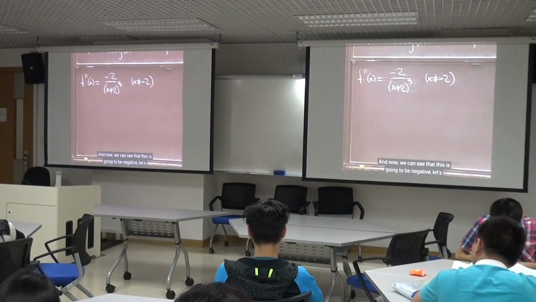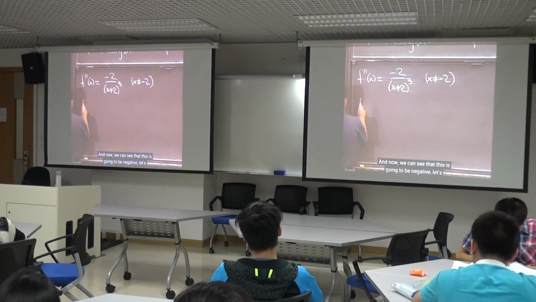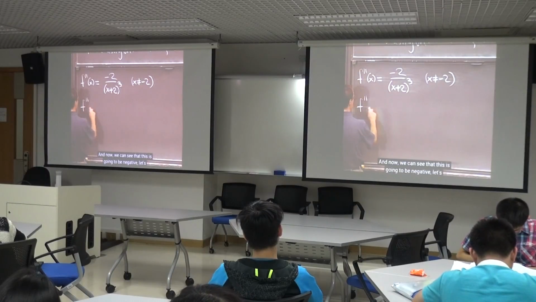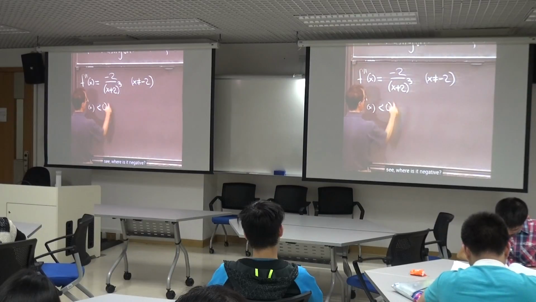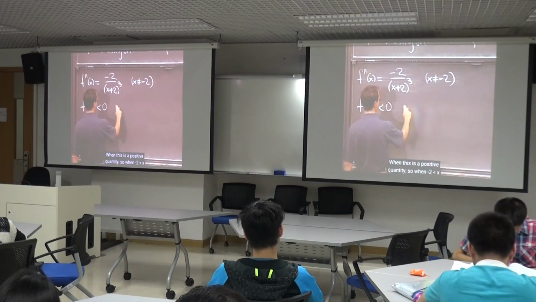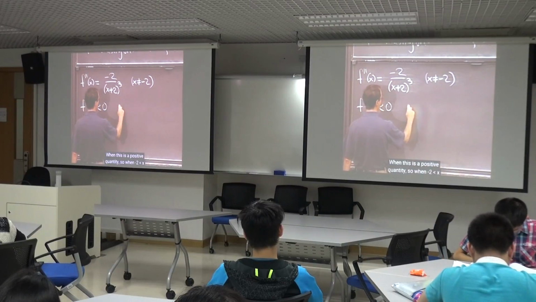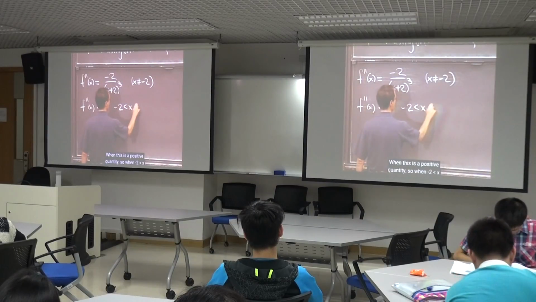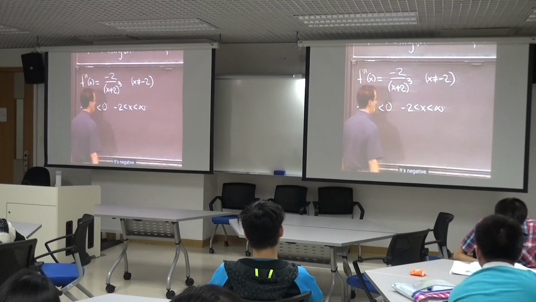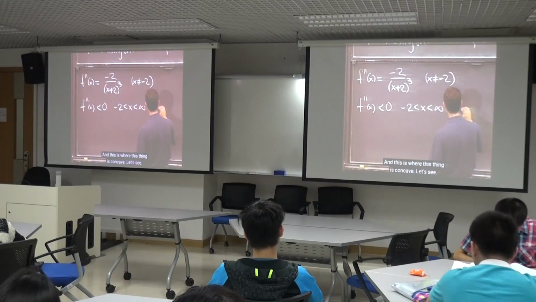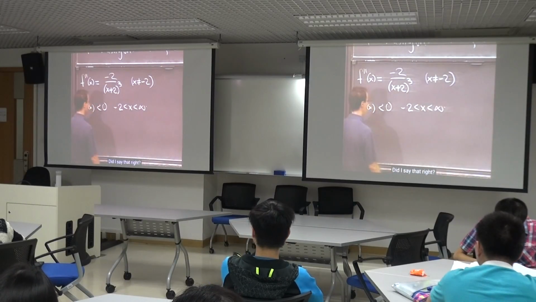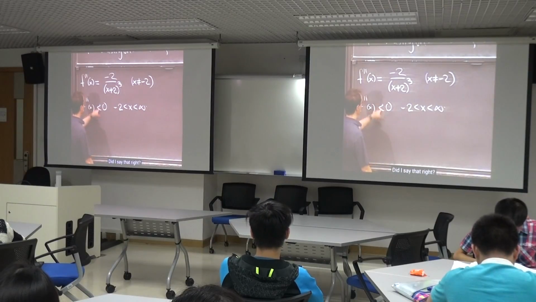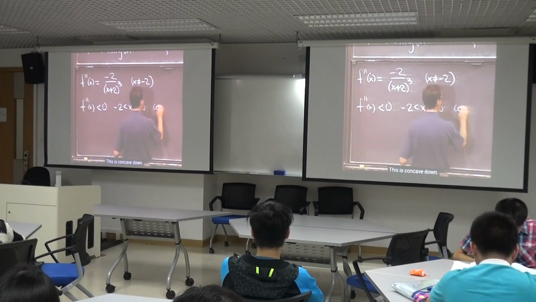Check this out. And now we can see where it is negative. When this is a positive quantity, so when negative 2 is less than x, less than infinity, it's negative, and this is where this thing is concave down.